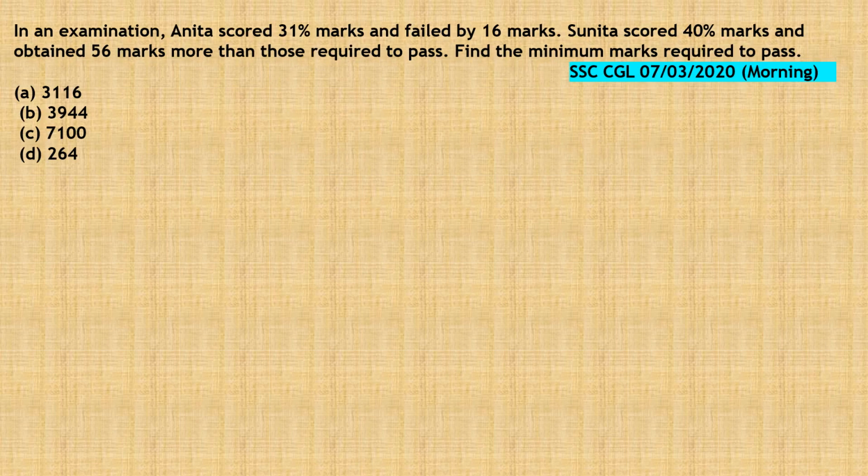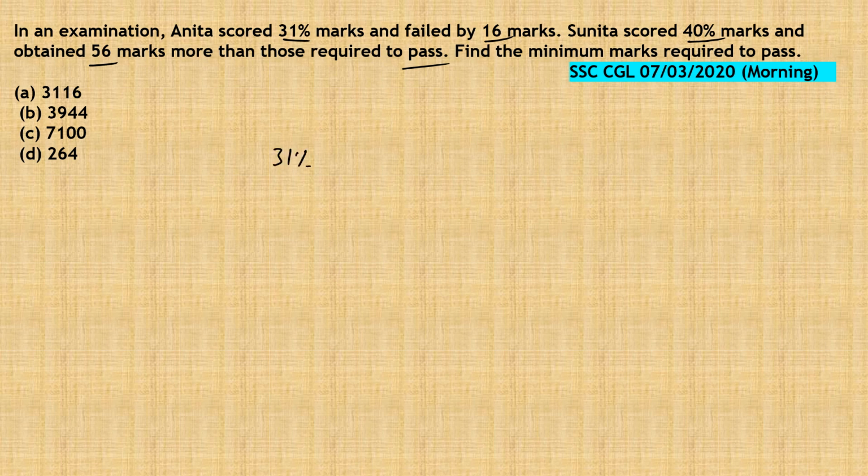In an examination, Anita scored 31% marks and failed by 16 marks. Sunita scored 40% marks and obtained 56 marks more than those required to pass. Find the minimum marks. We need to find the passing marks. Anita scored 31% and failed by 16 marks.